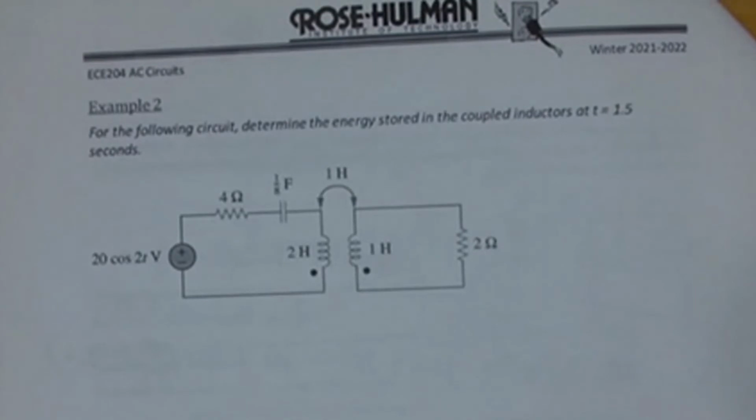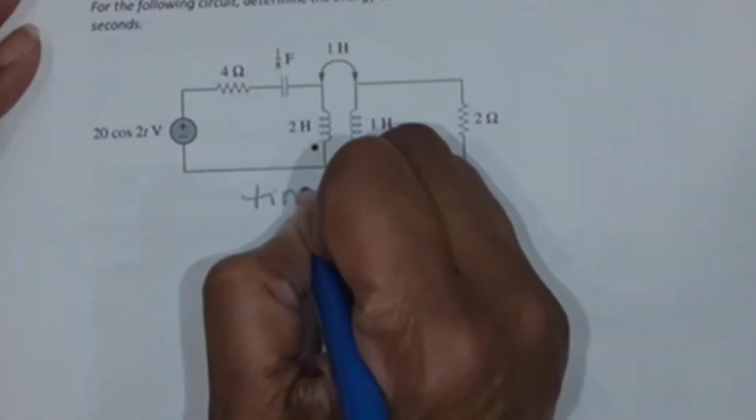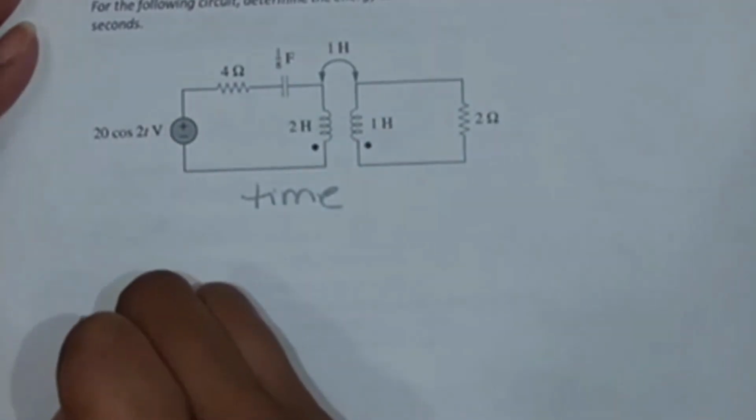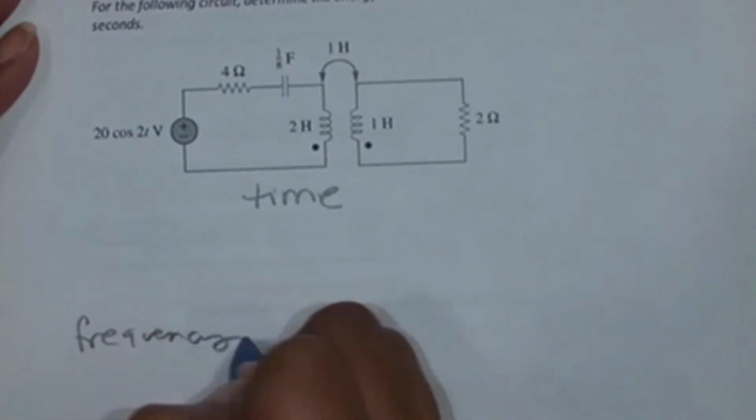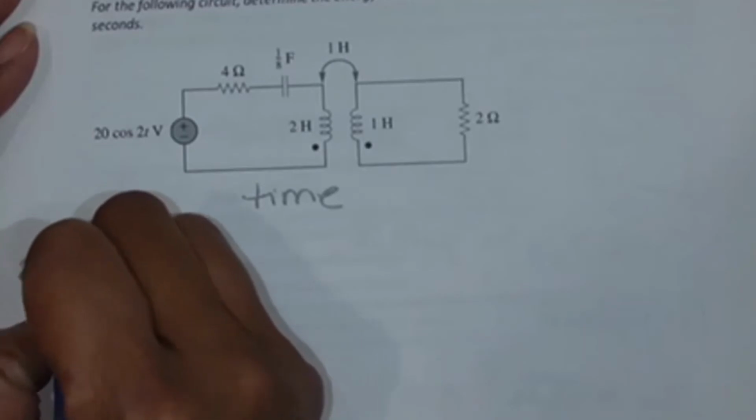Find the following circuit, determine the energy stored in the coupled inductors at t equal 1.5 seconds. First thing we have to do, as always, is convert this from the time domain to the frequency domain. So the voltage source is 20 angle 0 degrees.